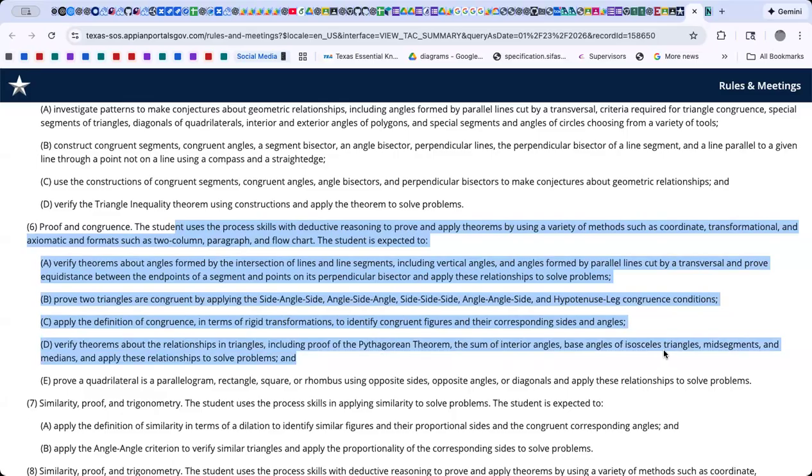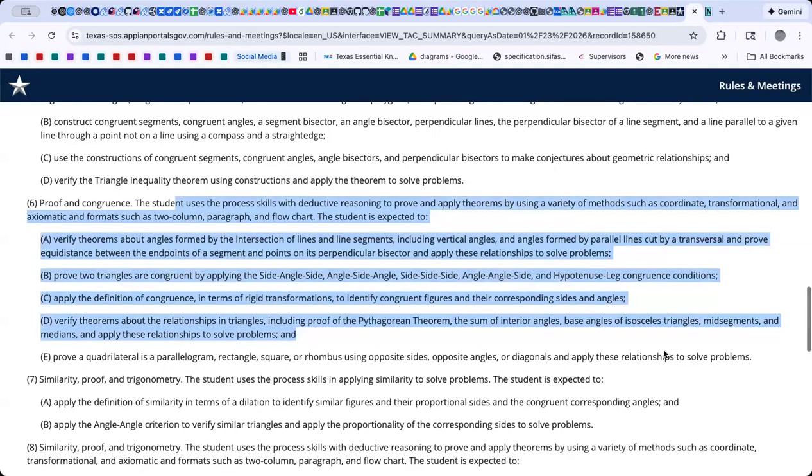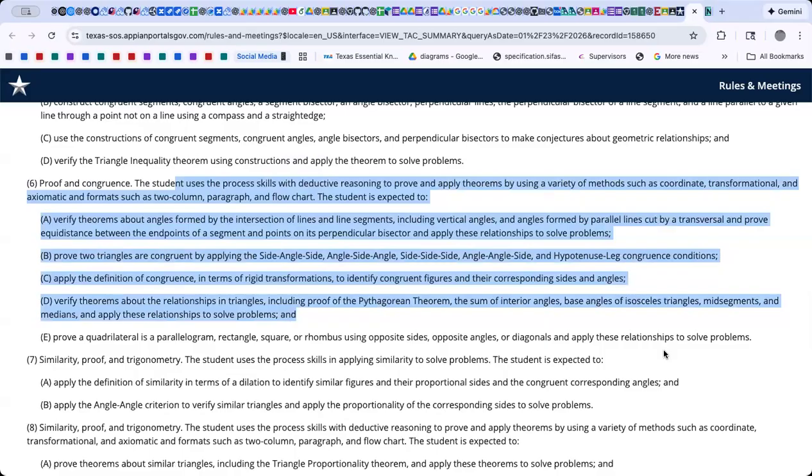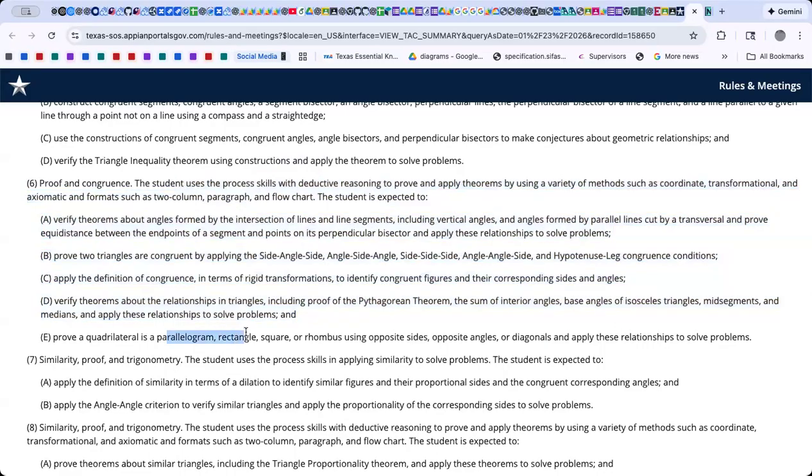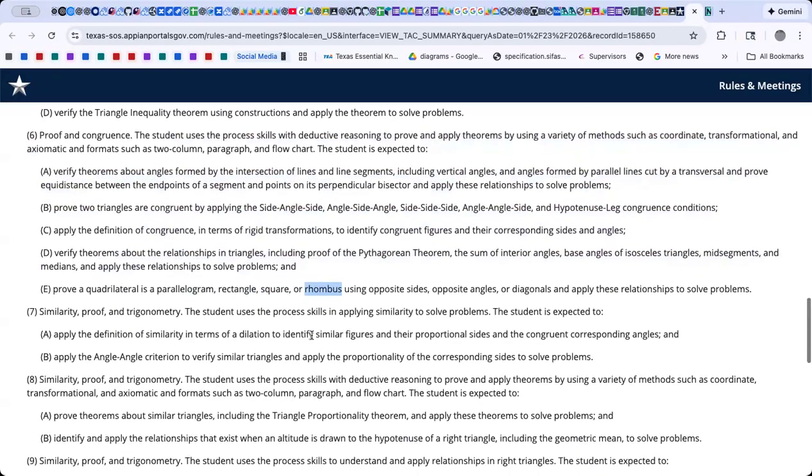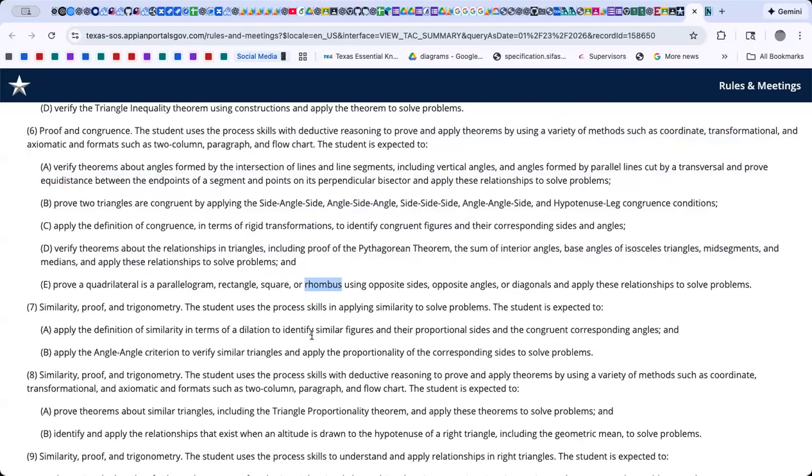Base angles of isosceles triangles, midsegments, medians. Apply these relationships to solve problems. Prove a quadrilateral is a parallelogram, rectangle, square, or rhombus. For that we went over each property one by one some time back. To prove which quadrilateral it is, we need to be thorough with each quadrilateral's properties, and then it becomes easy to prove.